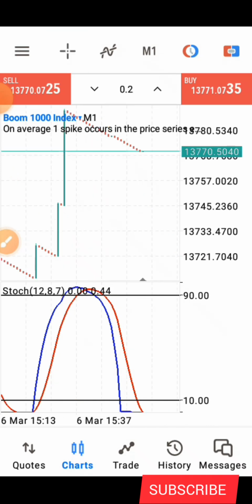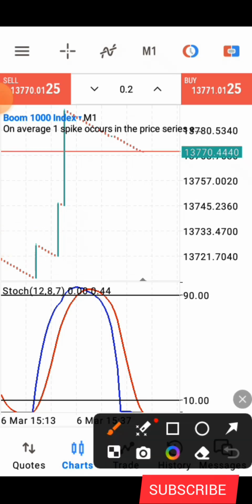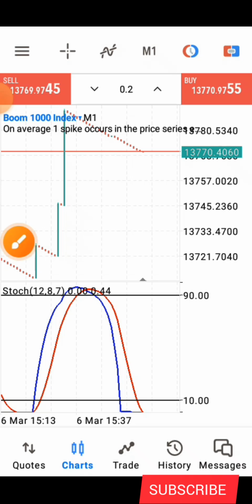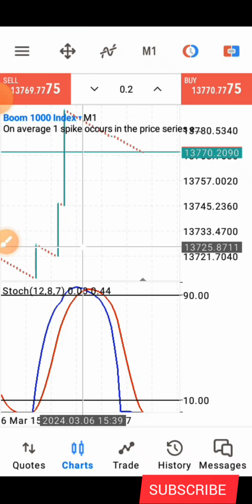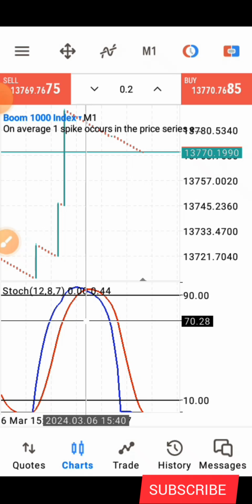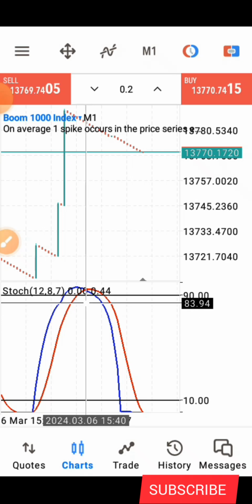You can see here is another example. This is where price is currently on the market. As you can see right here, I'm already late for this entry. Just like I've earlier said, for the condition, you wait for the two indicators, the red and blue, to get to the 90 level, which is the overbought level.